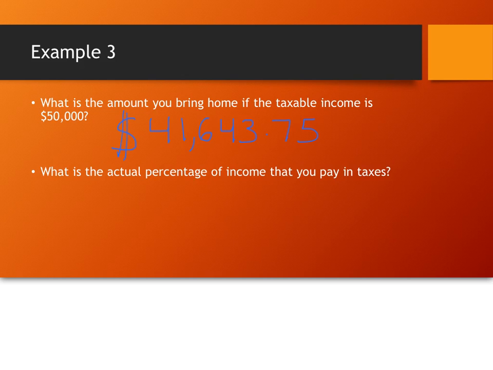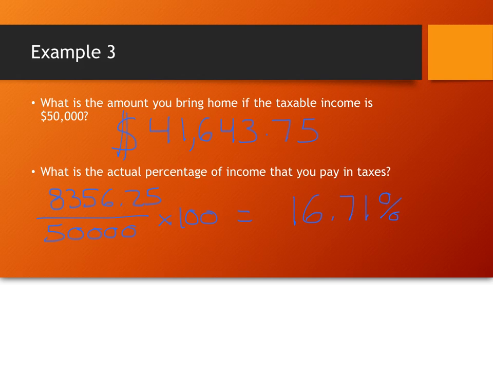Now for the actual percentage, again, we take $8,356.25, divide it by the $50,000 worth of income I started at, and you once again times by 100 to get percent, 16.71%.